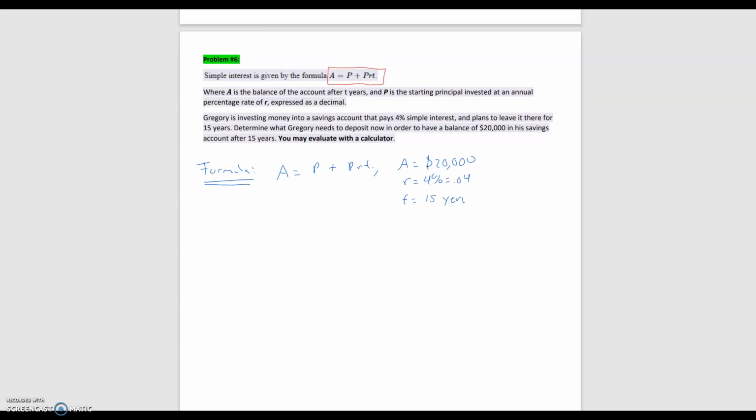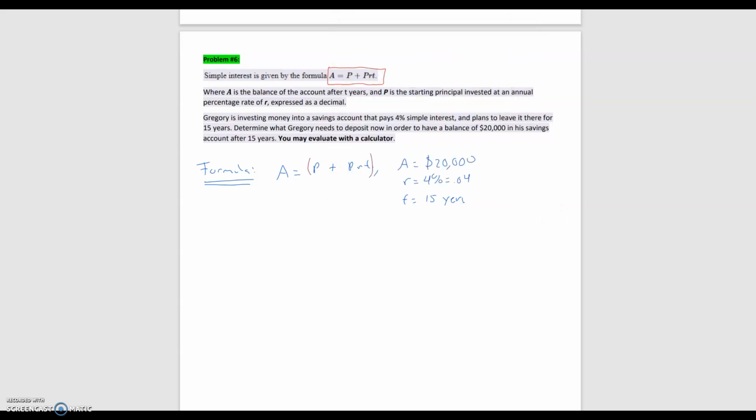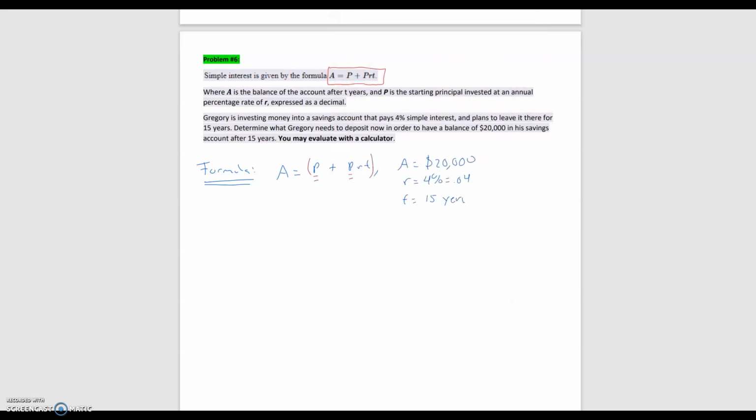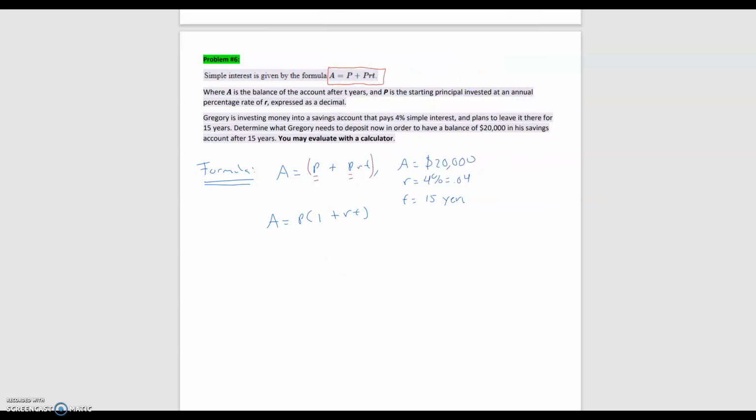Okay, now just because of this problem, it would be easier since we're going to be punching it into the calculator to rewrite it so we can extract the P. So I'm going to factor the P. It's just so that it's easier. So in this case, A is equal to P, and then this will be 1 plus RT. And then at this point, we're going to plug in basically these three values.